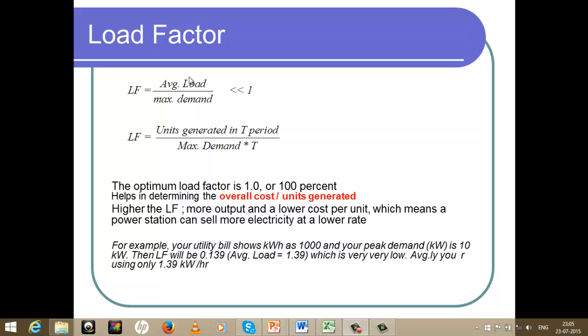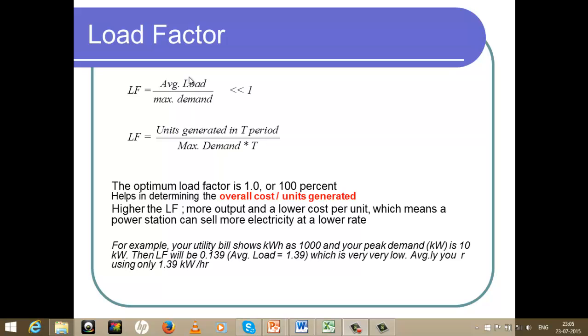And now, further consider the load center needs a load demand of, say, 20 megawatt for all the time of the complete 24 hours, except for 1 hour, when it needs a demand of around 80 megawatt of power.